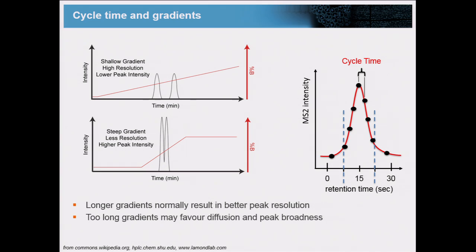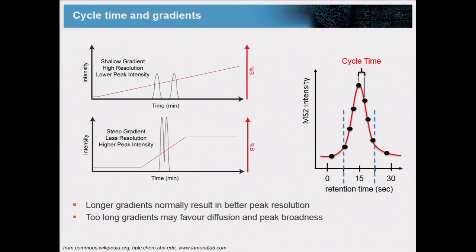We're going to get higher intensities, but since we're compressing peaks, we're going to get fewer points along a chromatographic peak. So if you make very short gradients, you need to consider that you need to, at least to some extent, reduce the cycle time if you want to keep the same number of points per peak as you had with very long gradients. Is that clear, or is there any question about this part?